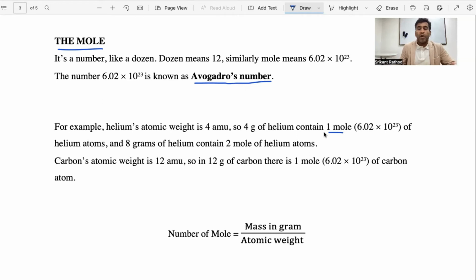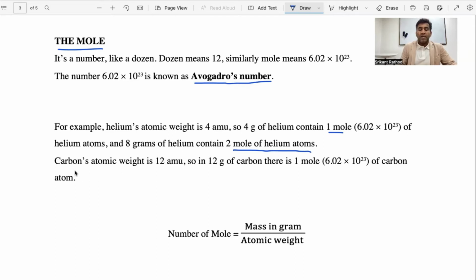Mole says how many atoms are present in a particular element of a certain mass in grams. Similarly, 8 grams of helium contains 2 moles of helium. Now how many atoms would it have? I just multiply 2 times 6.02 times 10 to the power 23. That many atoms the 8 grams of helium will have in it.